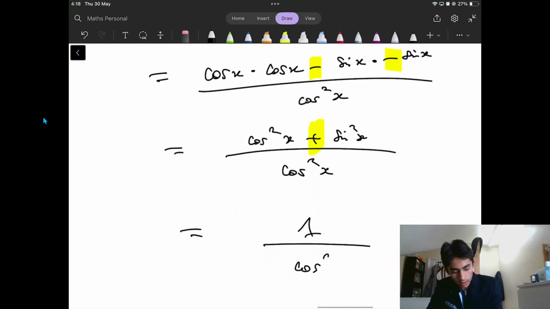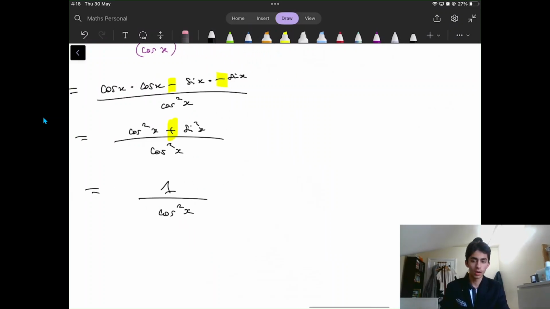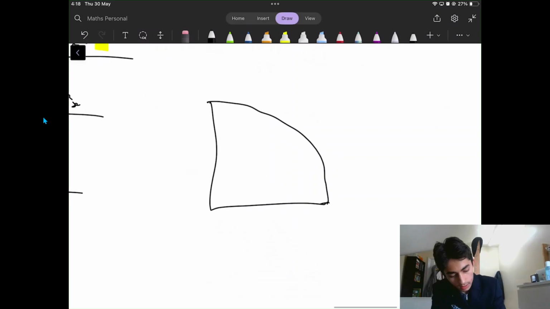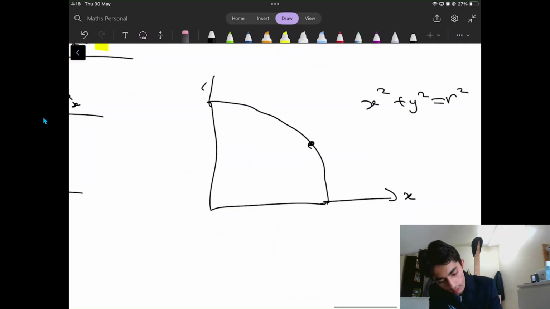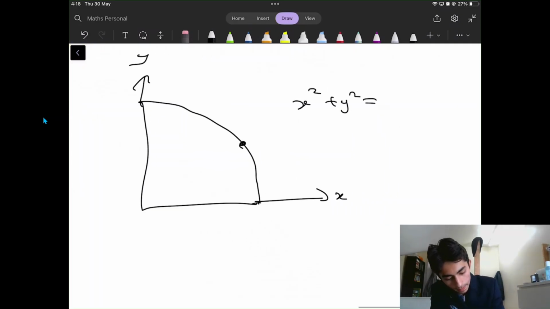That is what we call the Pythagorean trig identity. How could you prove that? Well, all you need really is a unit circle, right? You know x squared plus y squared equals r squared, right? Let's let r equal 1, so we have a unit circle.